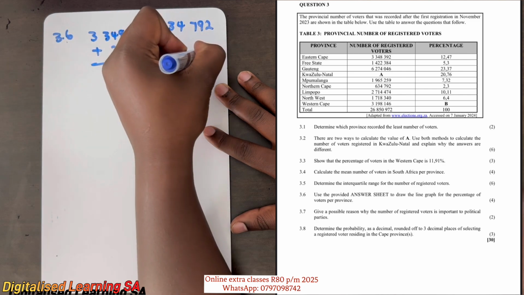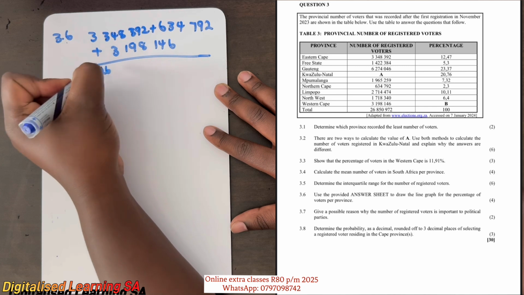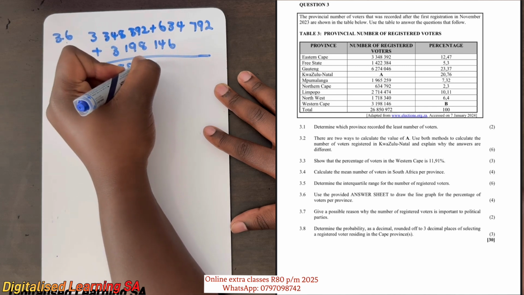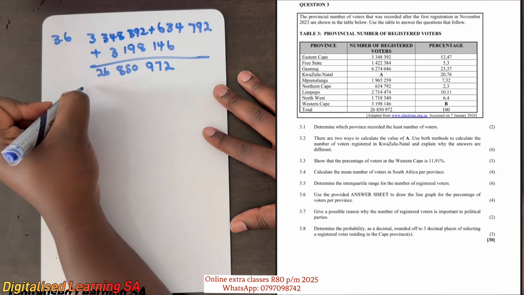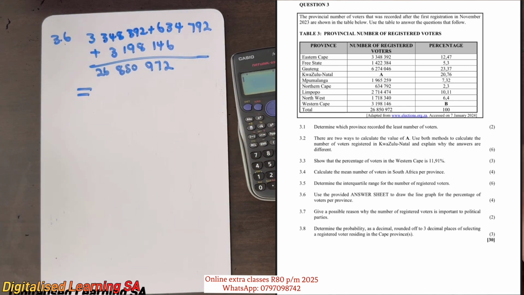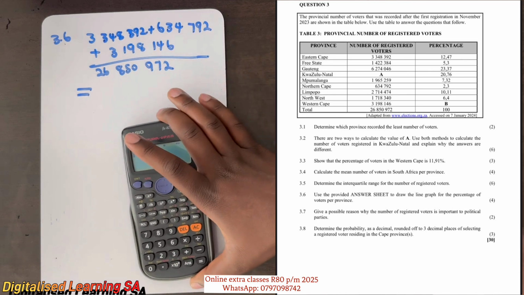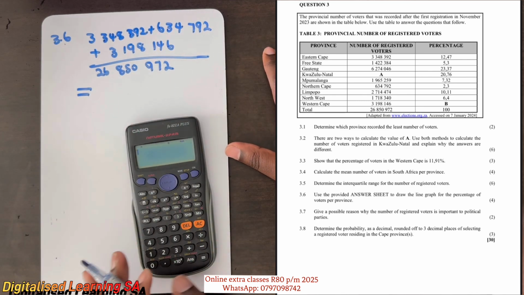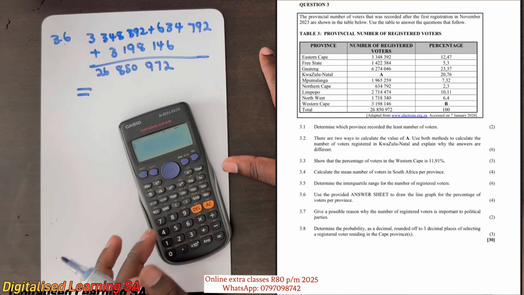Divide by the total, and the total is 26850972. And remember that our answer needs to be a decimal and rounded off to 3, meaning that we don't have to multiply by 100 because we are not looking for a percentage.